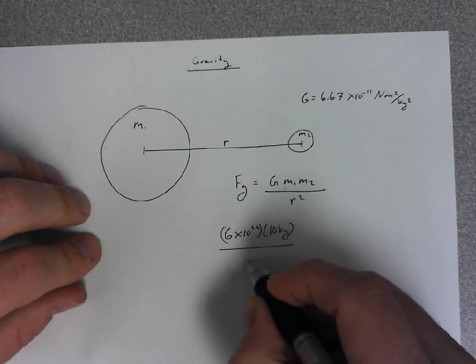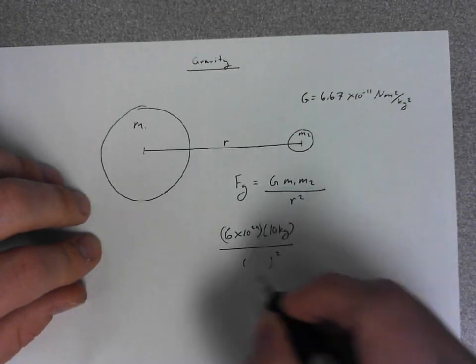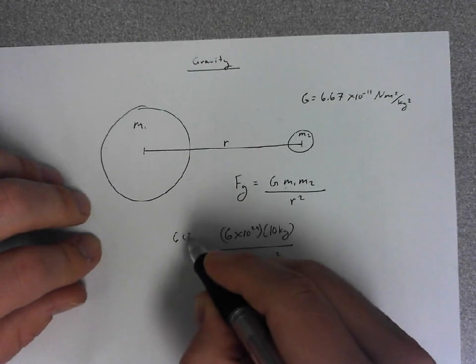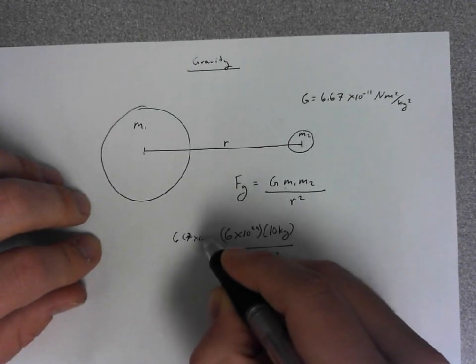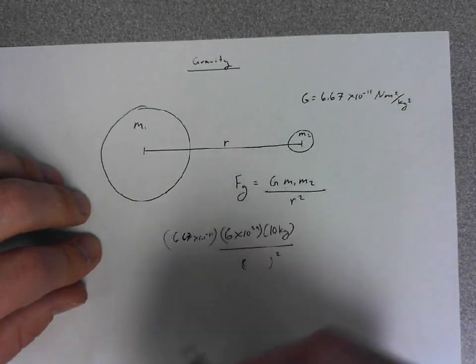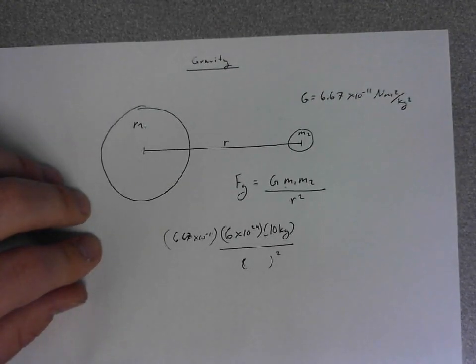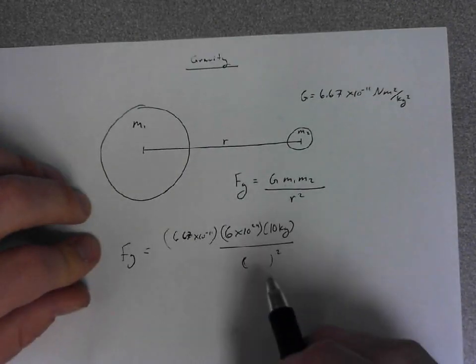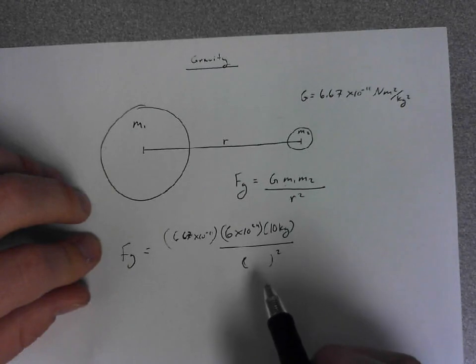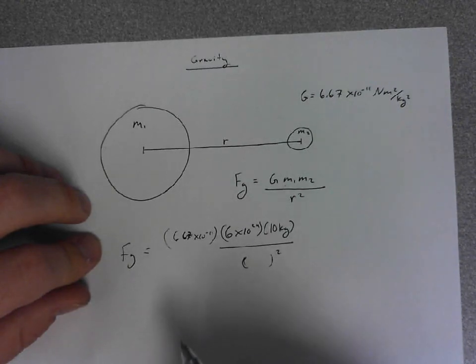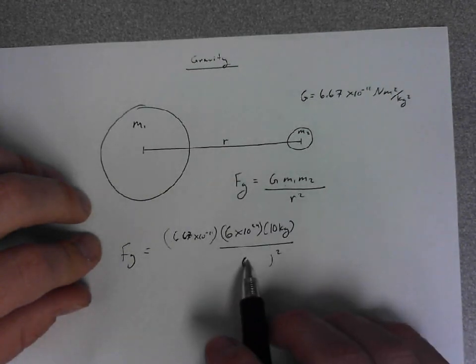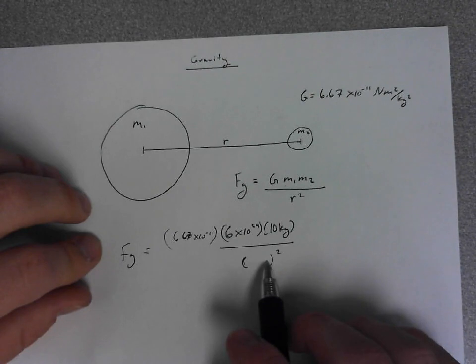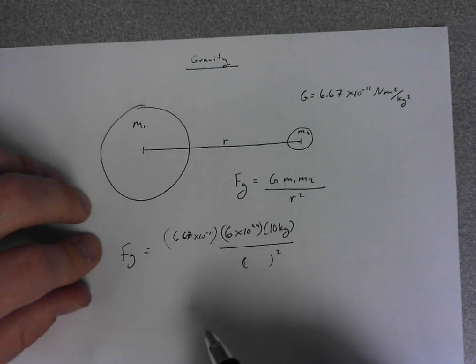You plug in your radius here, squared, and then your 6.67 times 10 to the negative 11 up here. Excuse the bad handwriting. Then you'll get whatever your force is. When you plug it into your calculator, the number one most missed thing, at least in previous years, is that the number you divide by can be quite large, something times 10 to some power.